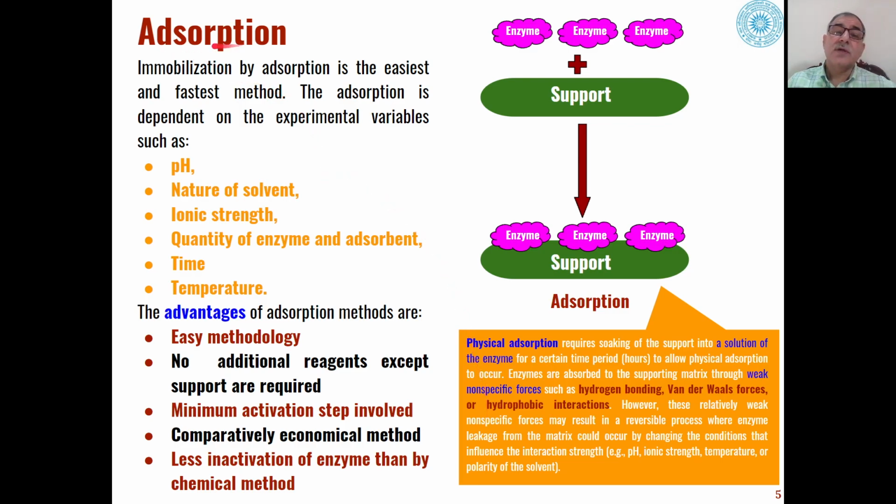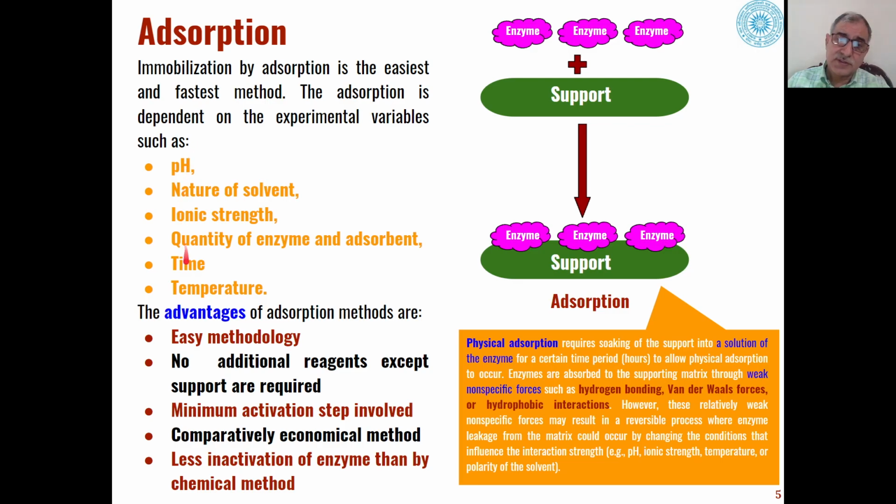Now, first, the reversible immobilization, that is the phenomenon of adsorption. Immobilization by adsorption is the easiest and the fastest method by which we can immobilize the enzymes.